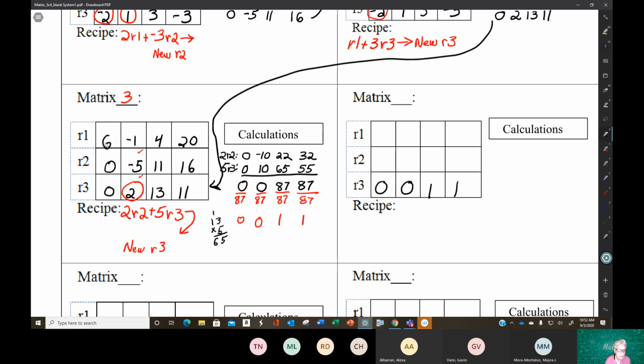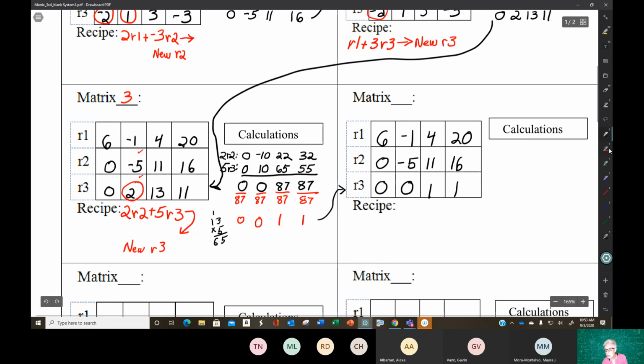And row 1 and row 2 stay the same. So here I'll put a little arrow going that way. 6, negative 1, 4, and 20. And 0, negative 5, 11, and 16.